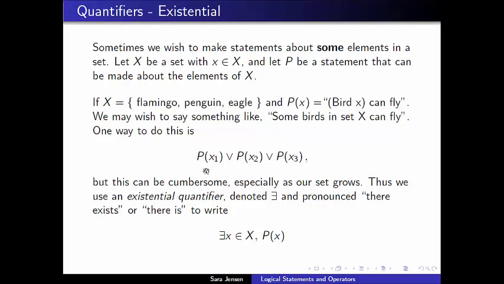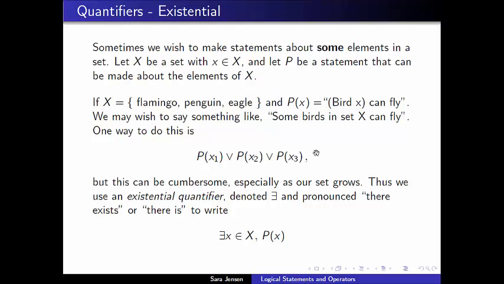And if that statement were to be true, then we would know that at least one of the birds in my set could fly, and that's roughly equivalent to saying some birds in the set can fly. Again, that's cumbersome as the set X increases in size, and the translation is a little bit rough.